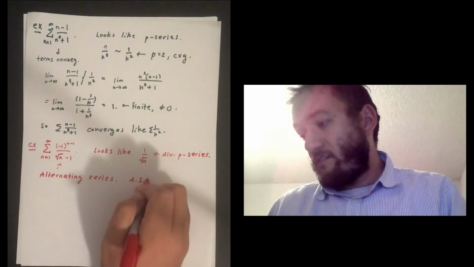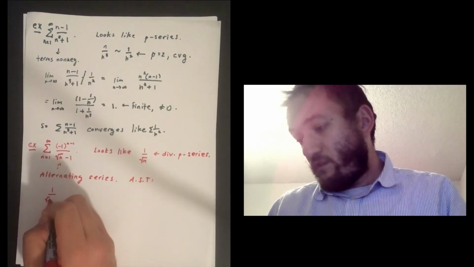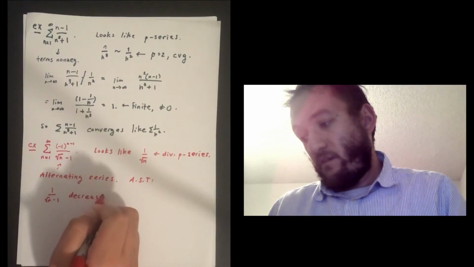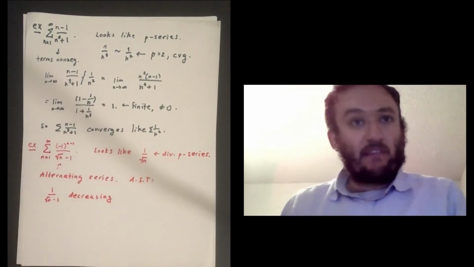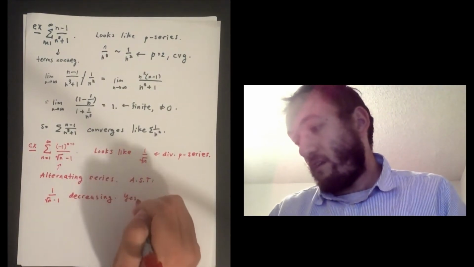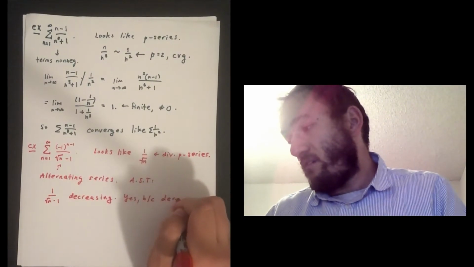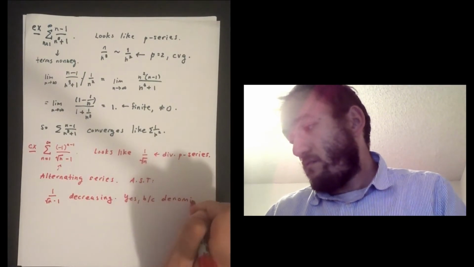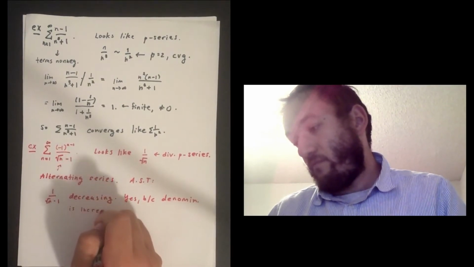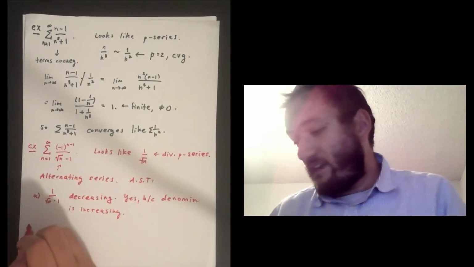The AST says check that 1 over the square root of n minus 1 is decreasing, which we can confirm by seeing that the denominator is increasing. That's part A of the test.